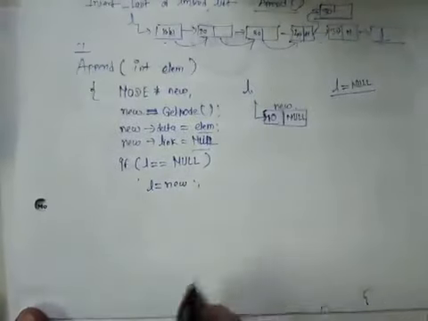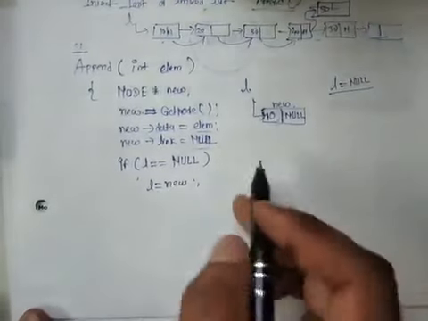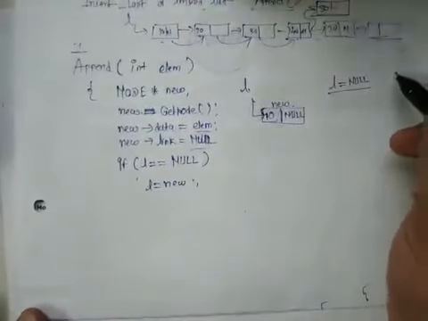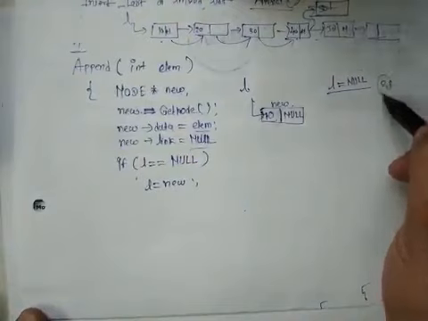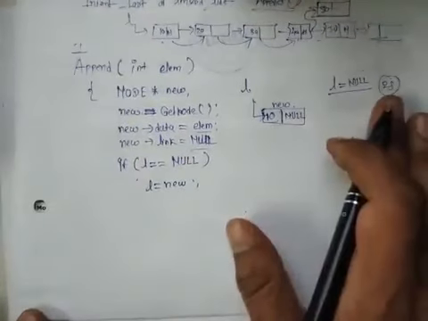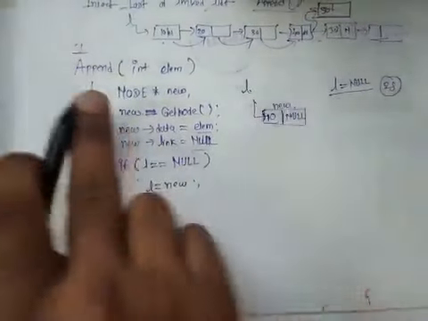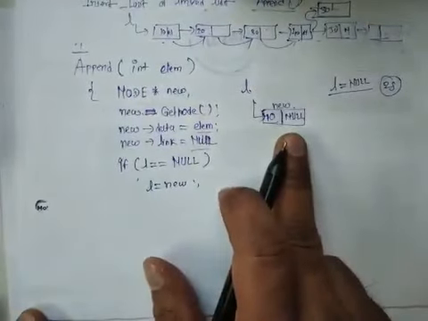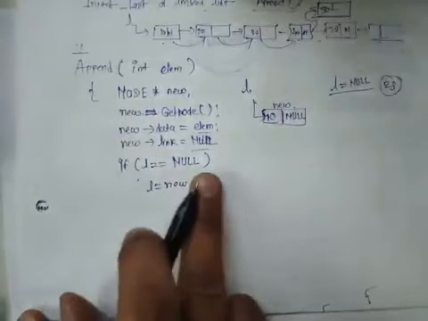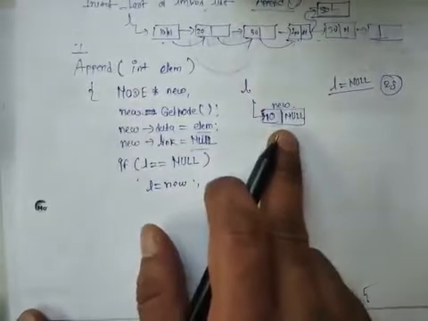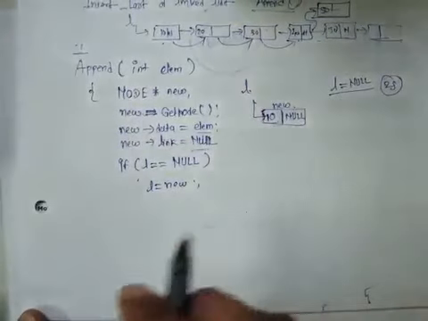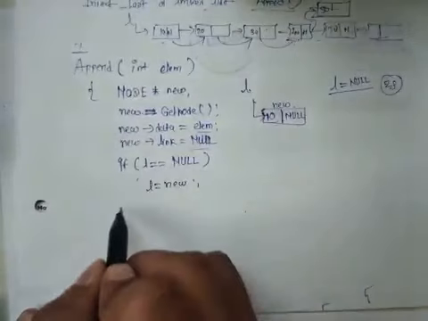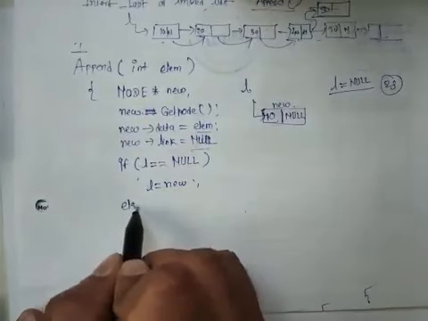End of the if. Now suppose I insert another value, 25, and whatever value we insert is going to be appended to the linked list. Check if L is equal to null. No, L is holding the address of 10, so it will not go to the if part; it will jump to the else part.